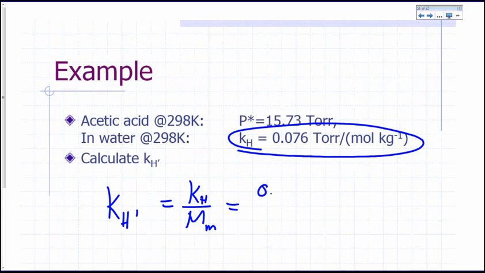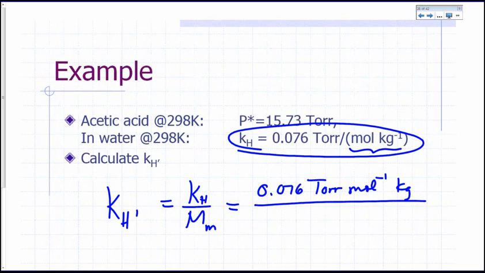So K sub H is 0.076 torr. Let me make this per mole times kilogram, because mole per kilogram is in the denominator there. And molar mass, and don't forget, this is molar mass of the solvent, so we're dealing with water here, so molar mass is 18.02 grams per mole.